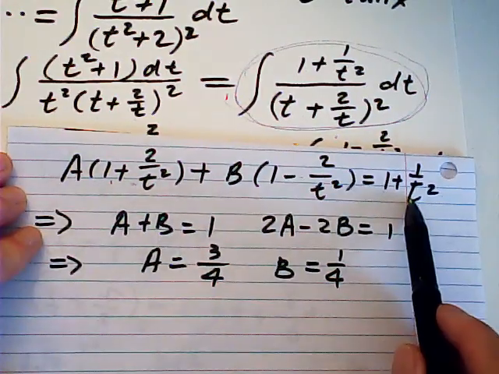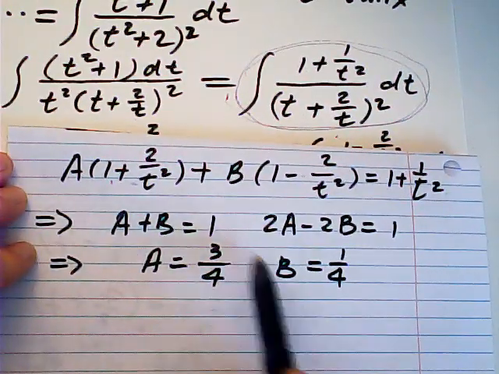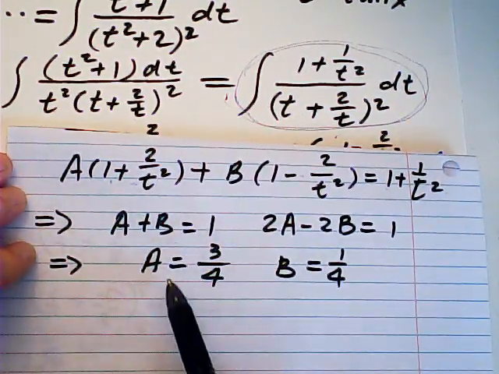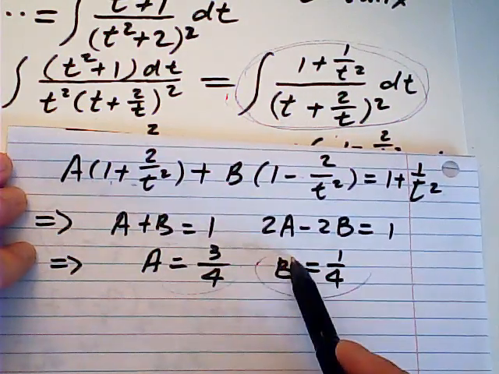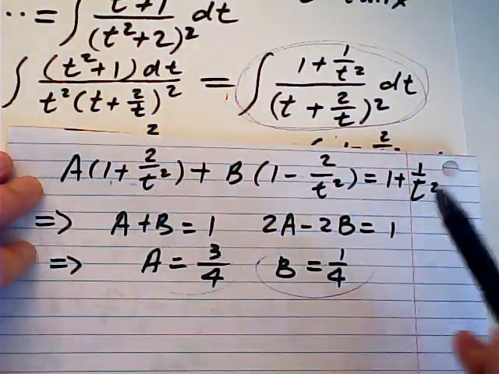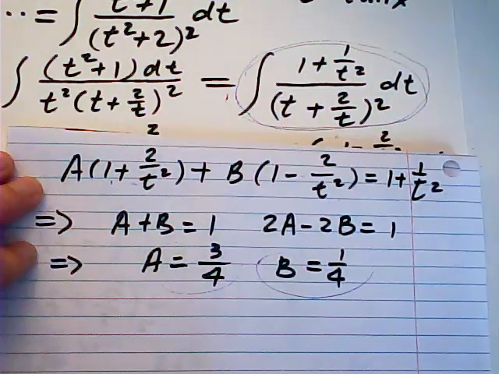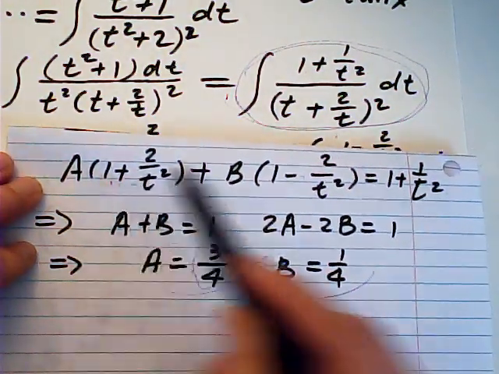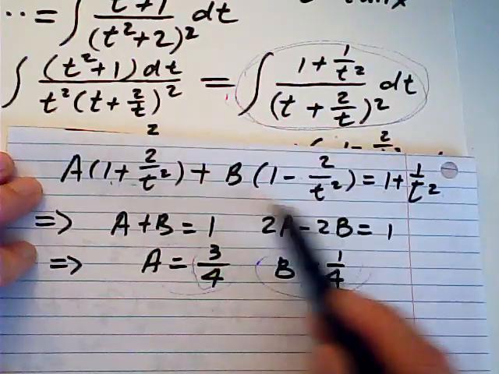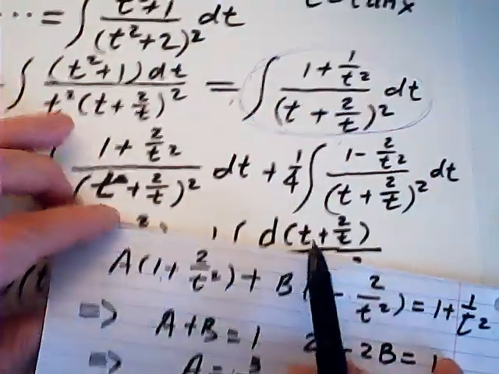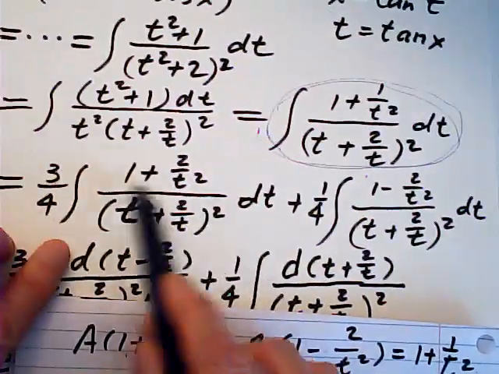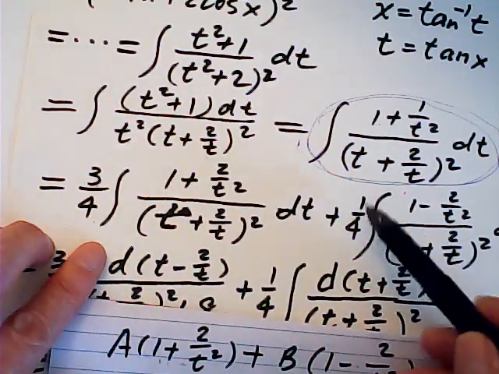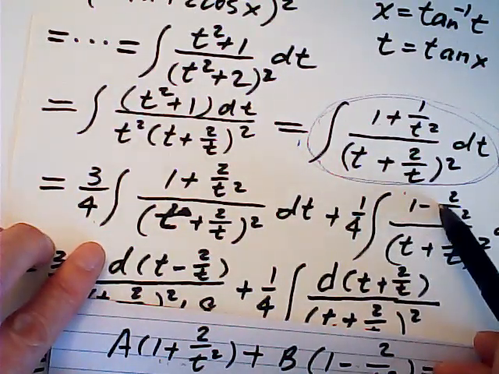We can solve the equation very easily for A and B. Now A is this, B is this. In other words, this numerator could be written as 3/4 of this plus 1/4 of that.